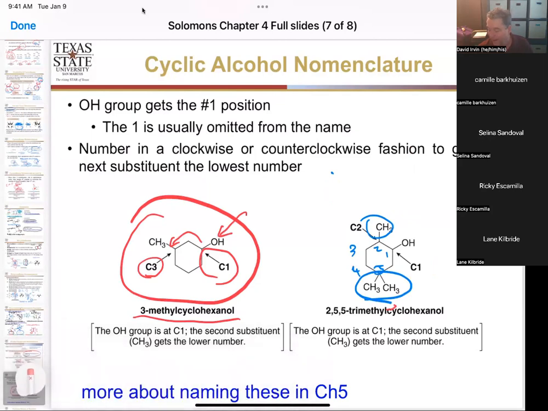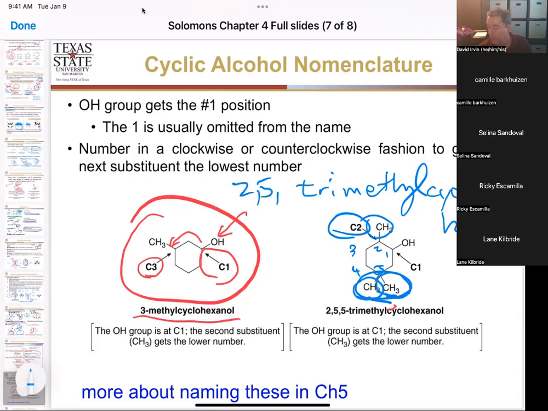We're going to have trimethylcyclohexane, 1, 2, 3, 4, 5, 6. And our positions are going to be 2, 5, and 5. So we're going to have 2,5,5-trimethylcyclohexane. Oh, is that right?